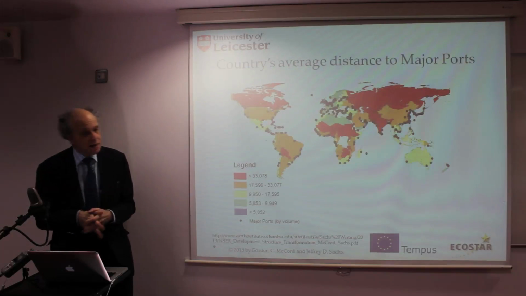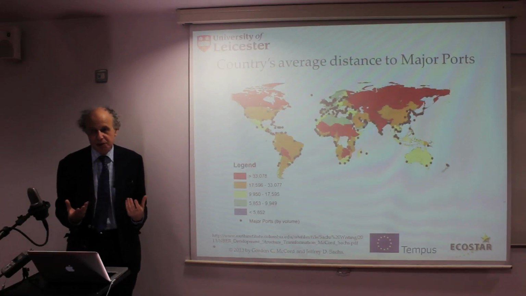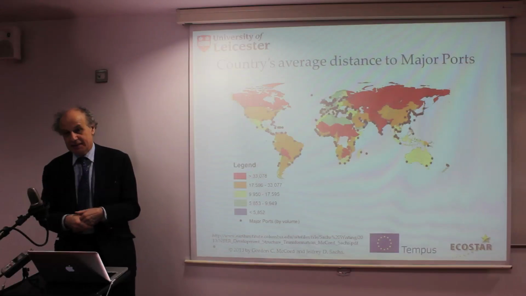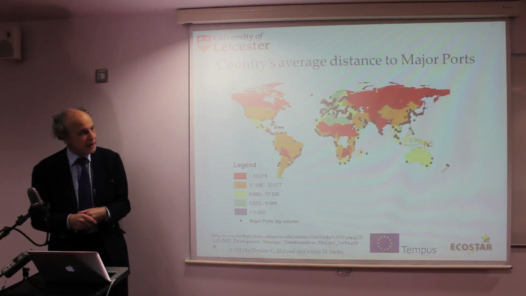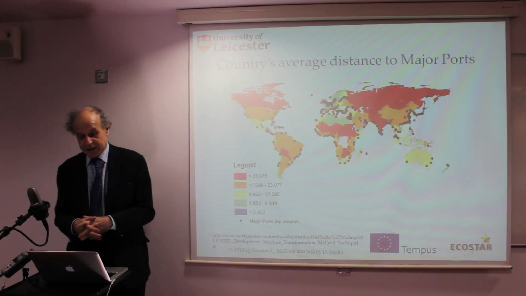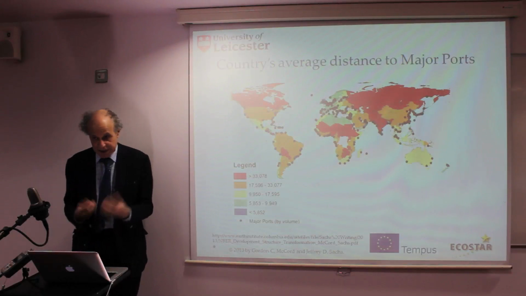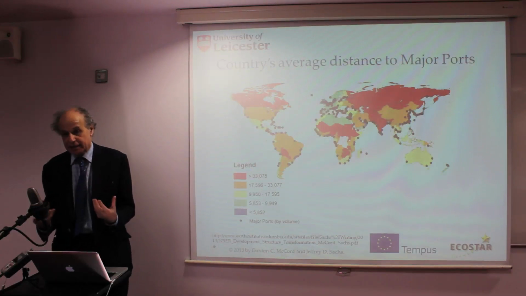Here's another version due to Jeffrey Sachs, which is that if you're close to the sea, you have an advantage in trade, and an advantage in trade translates to an advantage in growth of wealth and development. The reason being that trade enables people to exploit the areas in which they have an advantage, and if two people are both exploiting areas in which they have a competitive advantage, then by trading they're both richer than if they both try and do everything themselves.